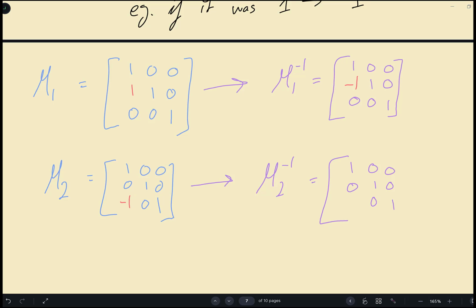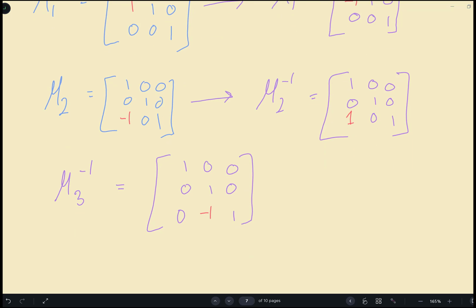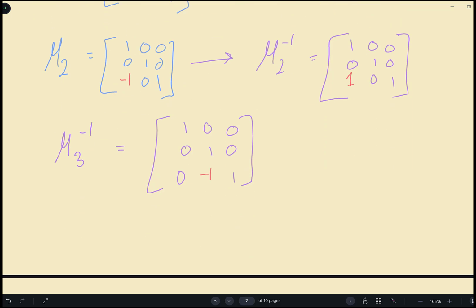So we're going to have a 1 here instead of a -1. All right, then M3, in the same fashion, M3 inverse is equal to 1, 1, 1, 0, 0, 0, 0, 0, and the single row operation was a 1, so we're going to make it a -1, and that would be the third elementary matrix inverse.